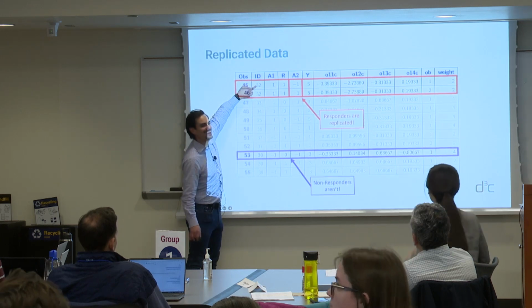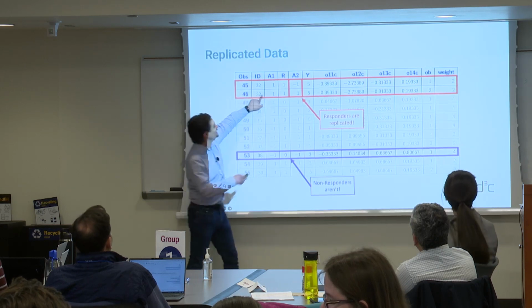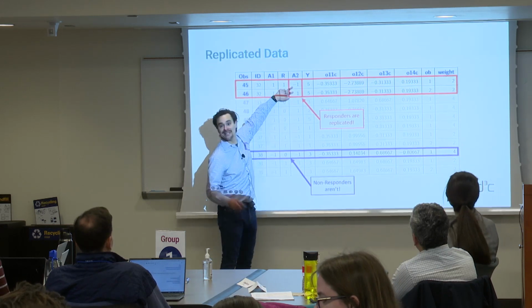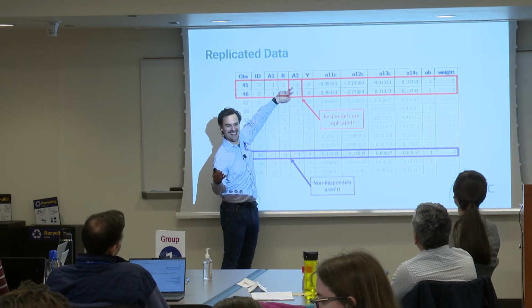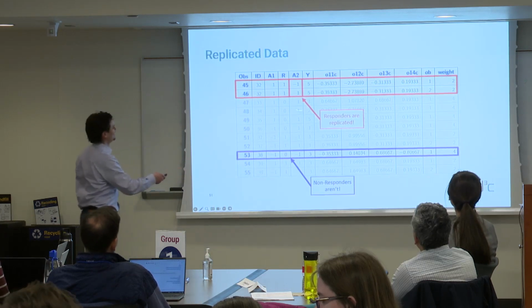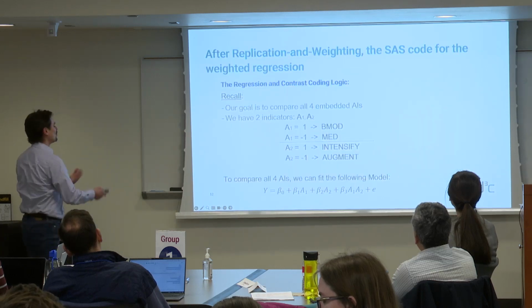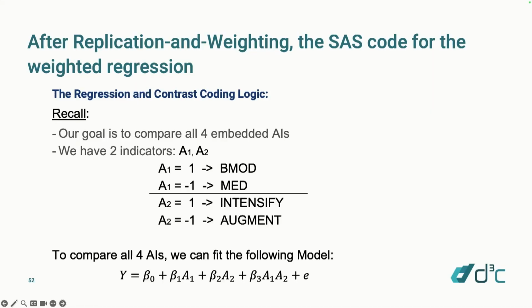Yeah, I got confused. There's Luis and there's Luis. And look, oh my God, Luis doesn't have an NA anymore. Right? That's it. So there's my weight, there's my replication. And now you go run this regression. What is this regression? A1 is an indicator of whether at stage 1, that's why it has a little 1, I got B mod versus med.